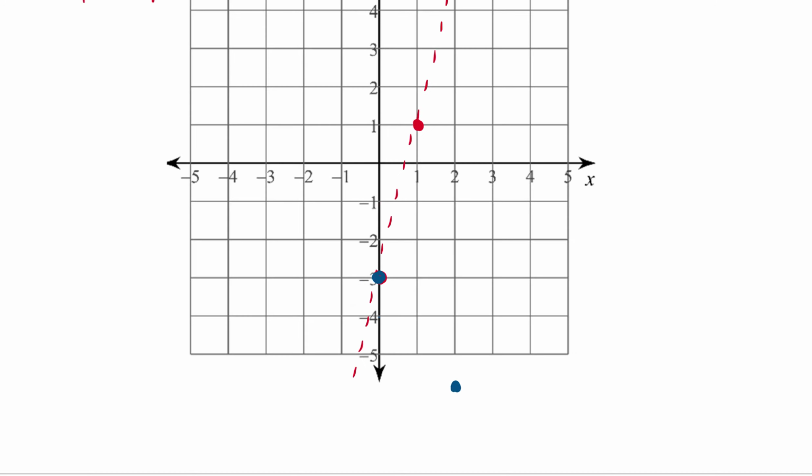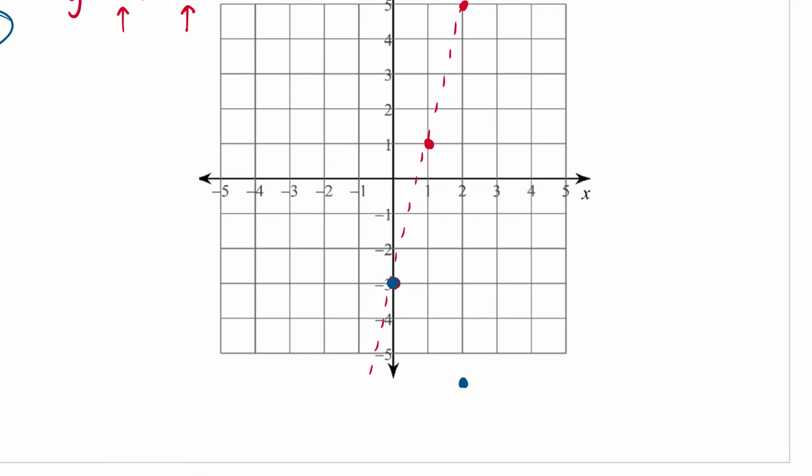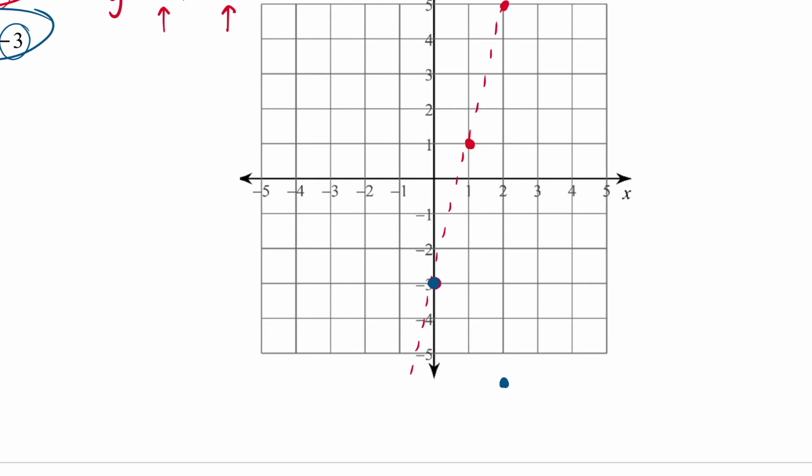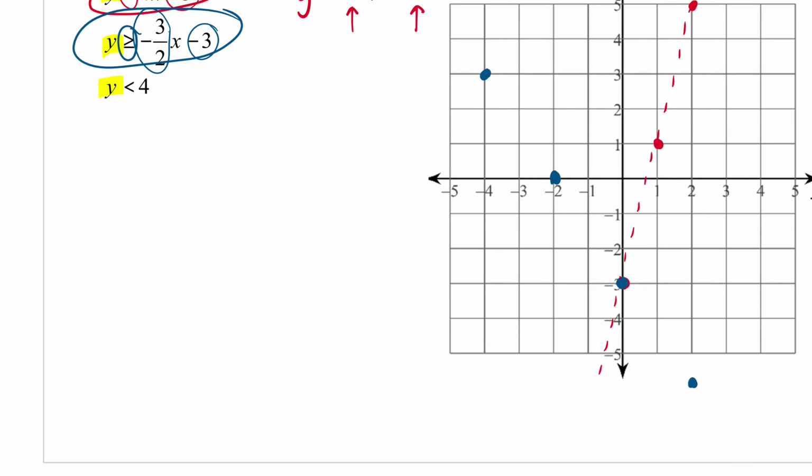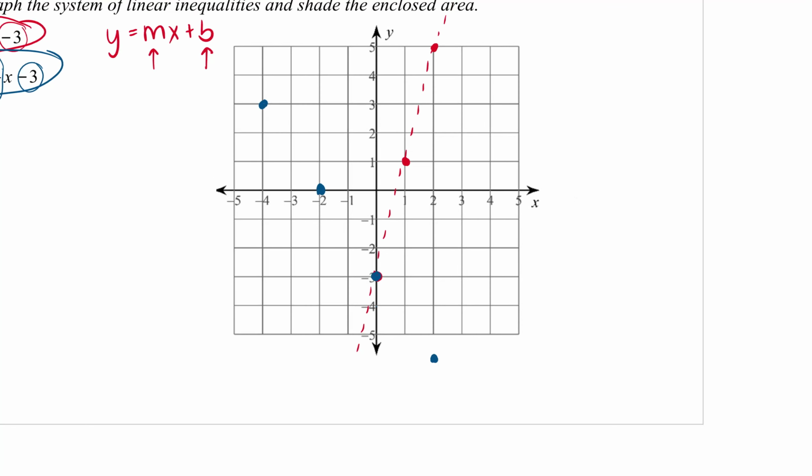But to get a point on the graph, I can go backwards. So instead of down 3 and then to the right 2, I'm going to go up 3 and then to the left 2. Okay? So same thing. I should go backwards. Then I can go up 3, left 2. So I get some points on the graph, and this one is underlined, so it is a solid line.